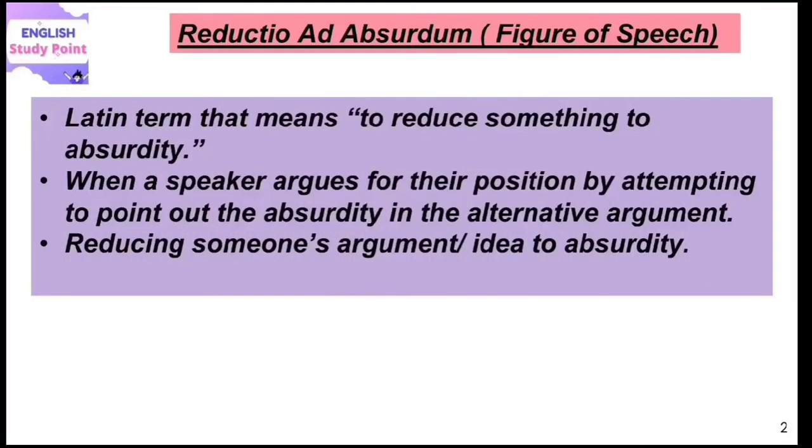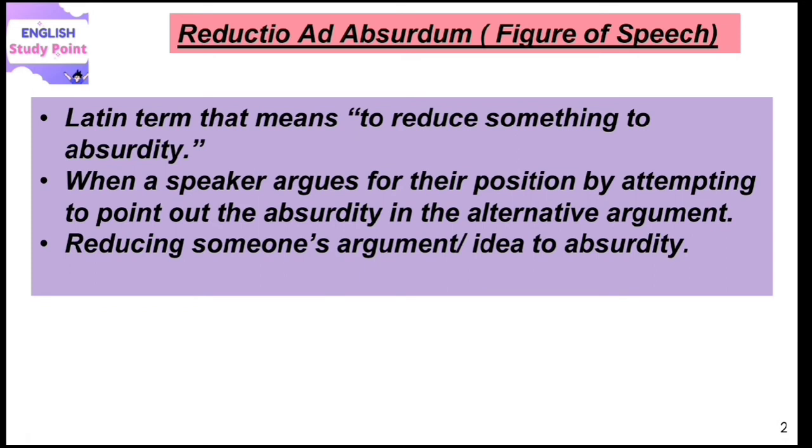Now let's discuss this figure of speech in detail. This is a Latin term that means to reduce something to absurdity. So here what a writer does is that he tries to talk about an idea by bringing his own statements, and in the process he compares his own statement with other statements, and in this process he tries to prove the other writer's statement as wrong or absurd in his work.